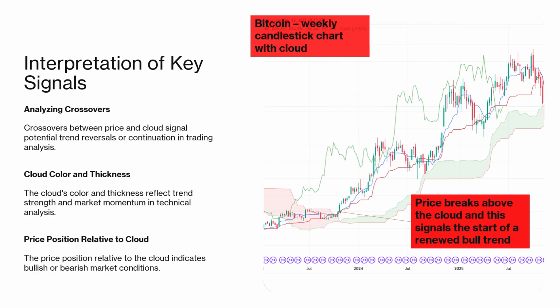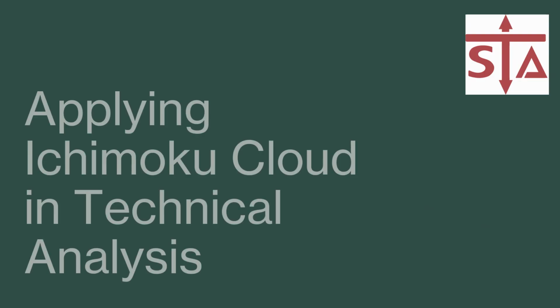We can also see midway through 2024, prices dipped back towards the cloud where they were well supported and the bullish trend resumed. We are now going to look at further ways of applying the cloud system in technical analysis.